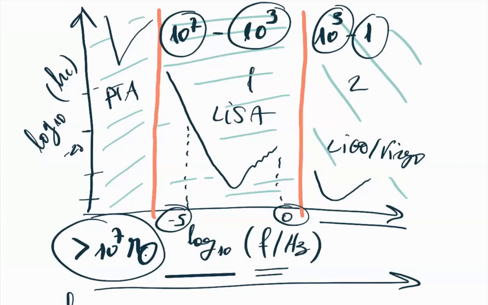Because over here in the LISA window, we're talking about black holes with masses like the one we very likely have in our Milky Way. You know that when we look at the center of our galaxy, we see something which should be a black hole with a mass of 4.3 times 10 to the 6 solar masses.